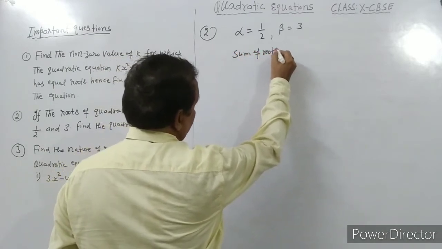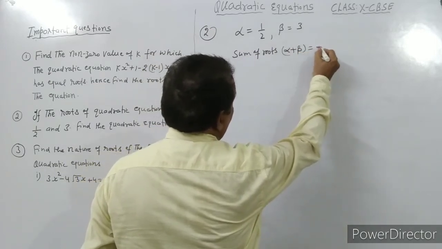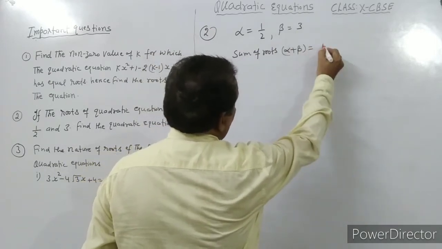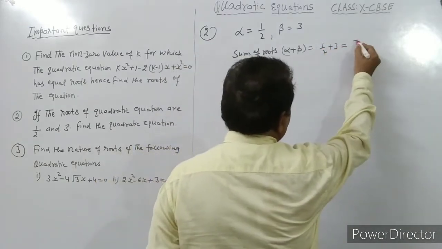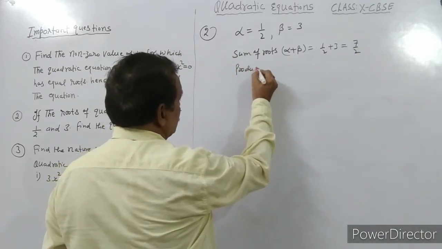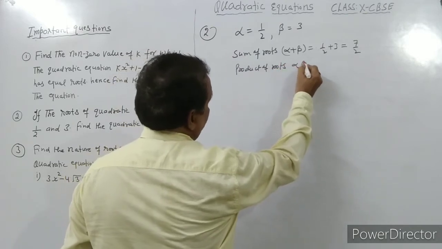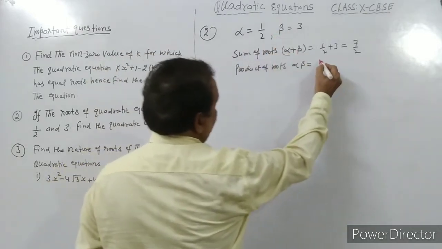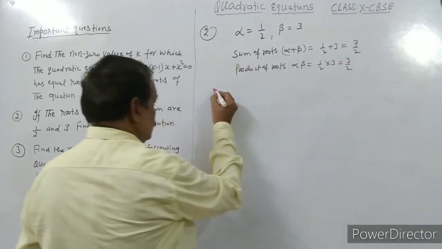First of all, sum of roots, alpha plus beta, is equal to 1 upon 2 plus 3, so this is 7 upon 2. And product of roots, alpha into beta, is 1 upon 2 into 3, so 3 upon 2.